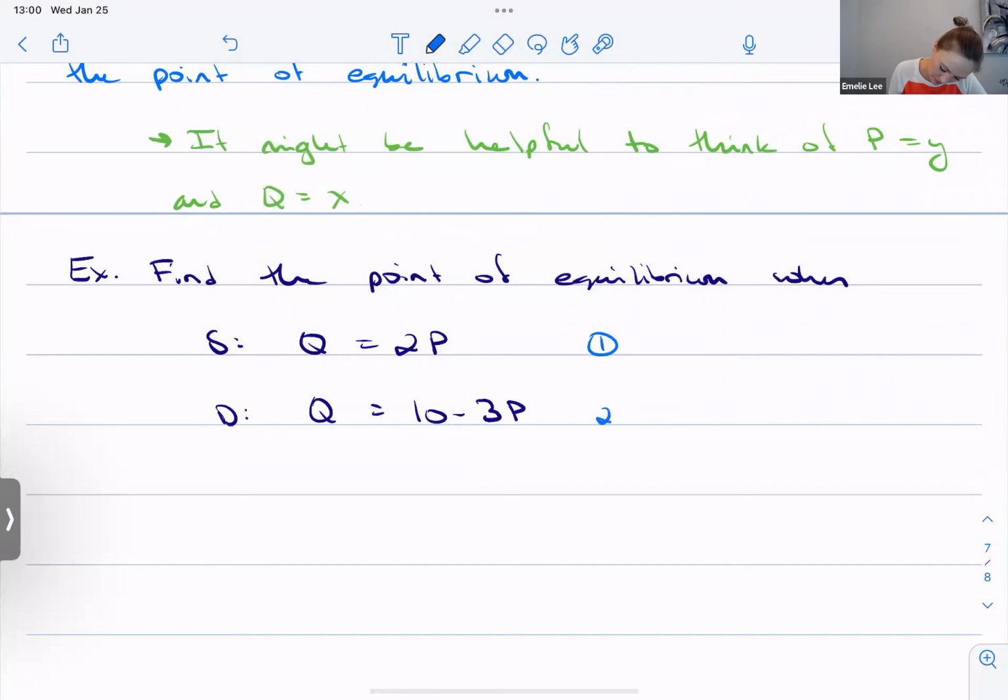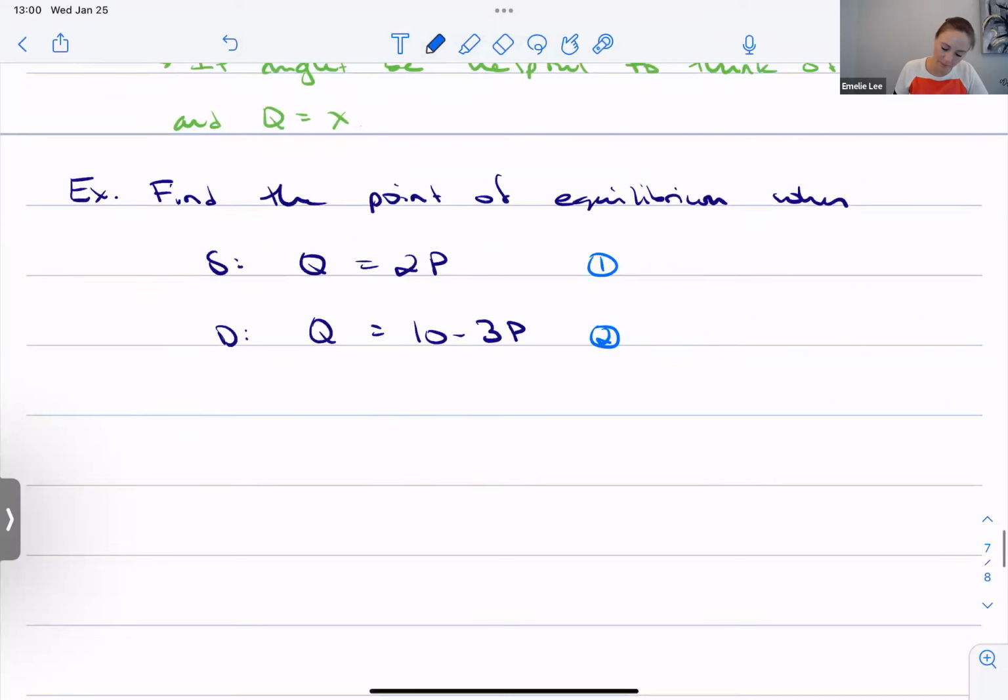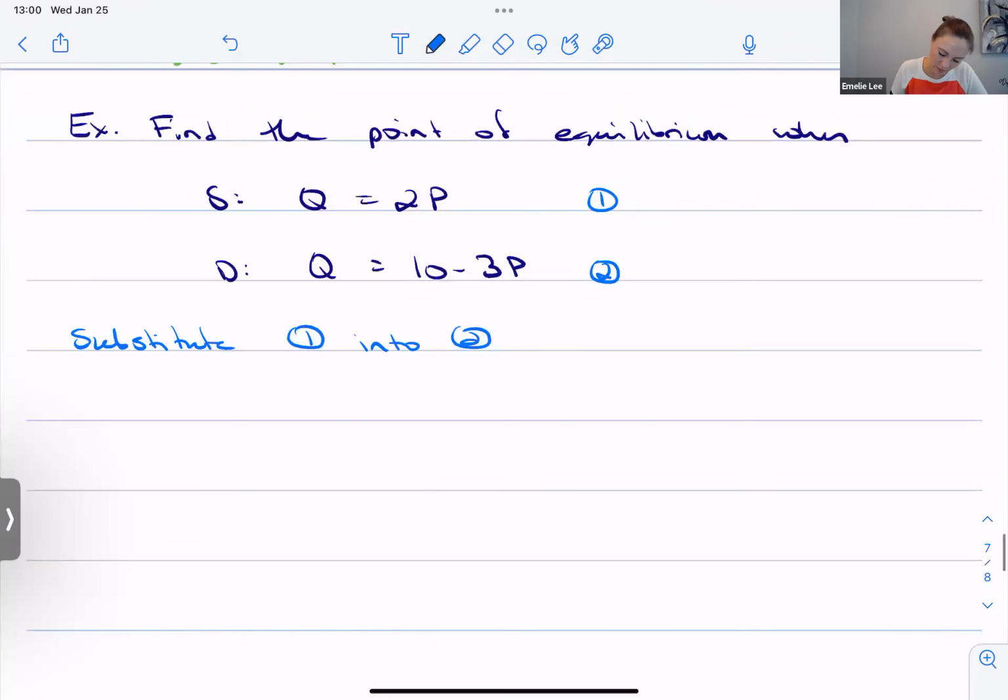Call this equation 1 and 2. So I'm going to substitute 1 into equation 2. Q is 2P, so then 2P equals 10 minus 3P.